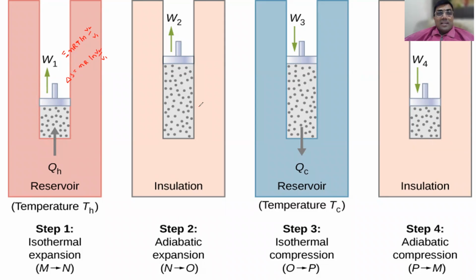Now, here what is the work done in the adiabatic process? Minus nR(T2 minus T1) by gamma minus 1. You can write this way also. And what about the entropy? Adiabatic, zero. And here what do you write? W3. Sir, nRT ln(V1 by V2).